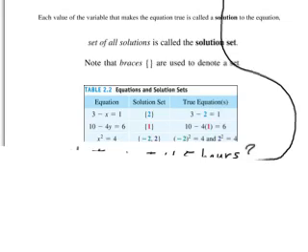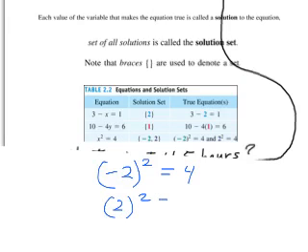Okay, so the solution set for that is 1. Now notice in the last one there, X squared equals 4. There are 2 possible solutions, because negative 2 squared equals 4, and also 2 squared equals 4. So they're both part of the solution set. They both make true equations.